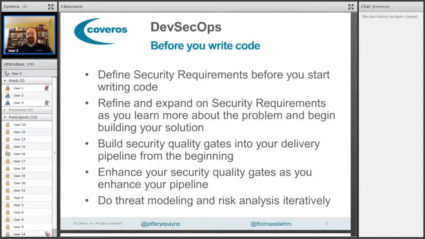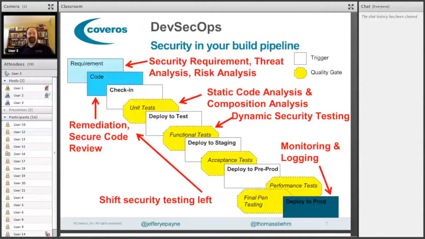So you want to make sure that you define your security requirements and understand what your goals are, and do things like threat modeling and risk analysis so that you're thinking about who's going to be attacking the system or might be misusing the system, and how do we protect against that. And then leveraging those requirements to think about what kind of security gates you want in your pipeline, and making sure that you build those in as you build out your pipeline and build out your application.